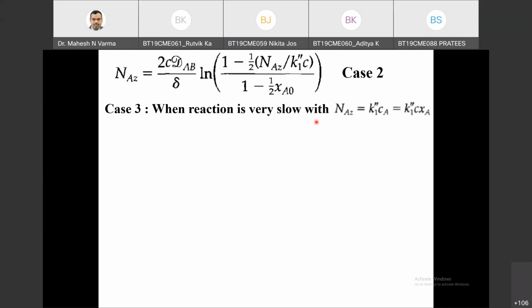So what is the equation which gives me flux in kinetics? Flux in kinetics is given by which equation?